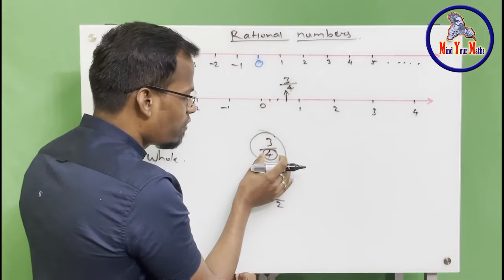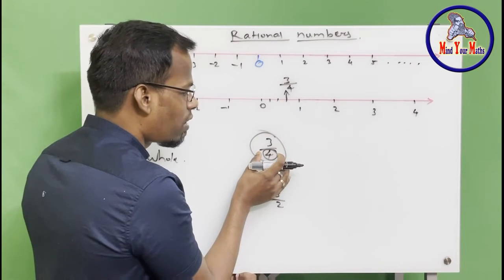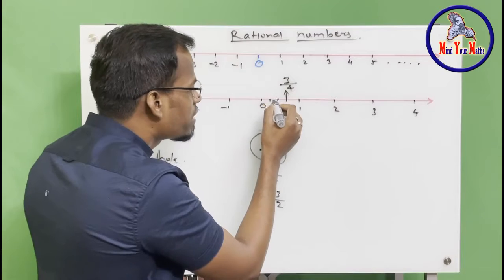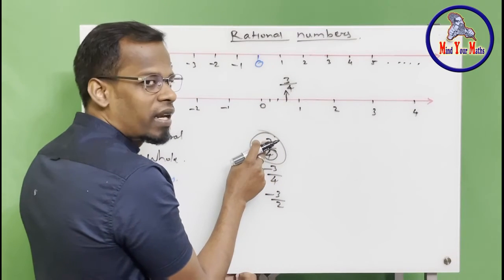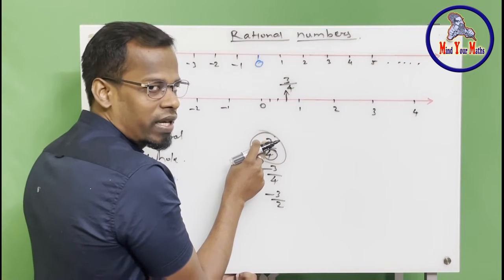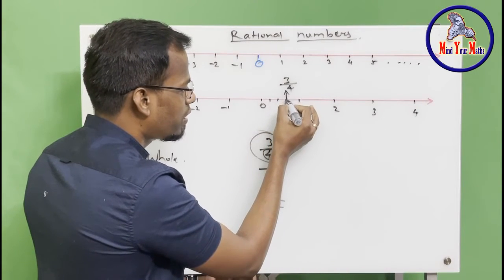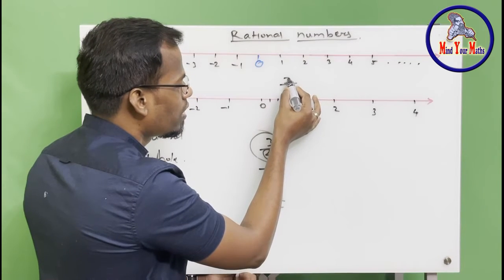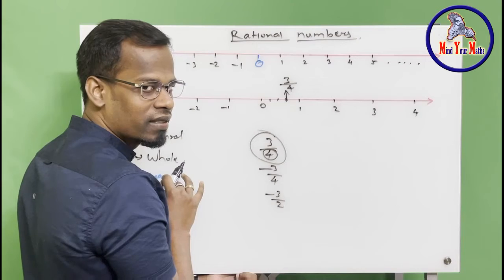Here we have 4, so we just put 4 points. If this was 1,000 or 10,000, then you have to make 10,000 points there and then reach the number that is in the numerator. So here it is 3, so we reach the third point. So this is what 3 by 4 means. Got it guys? Okay, fine.